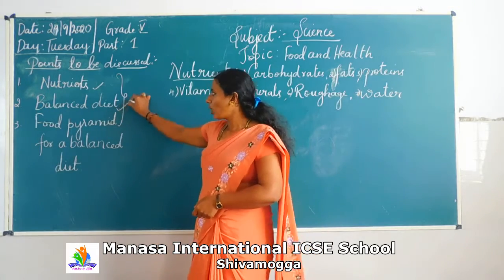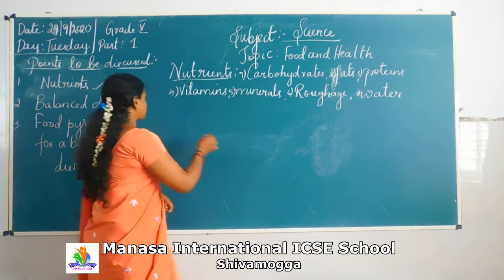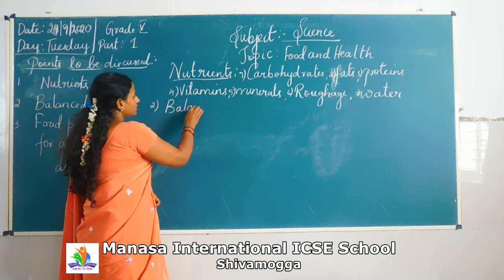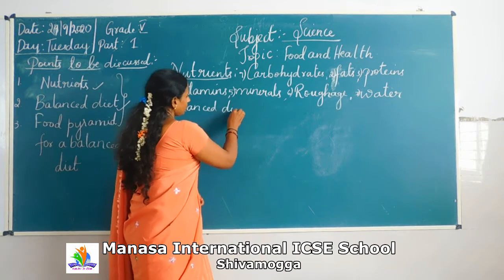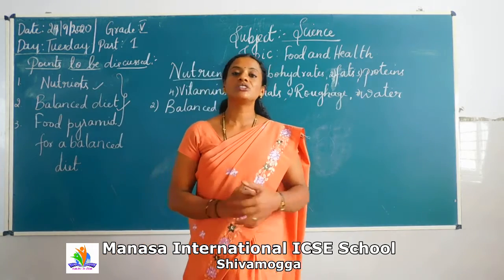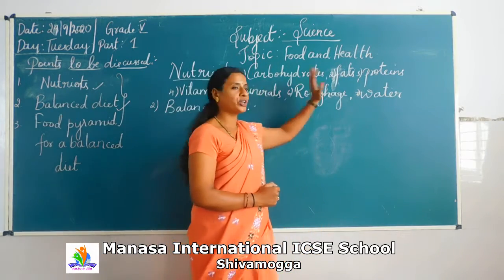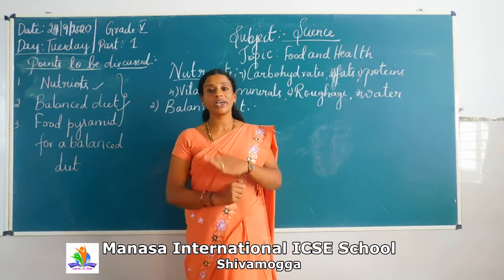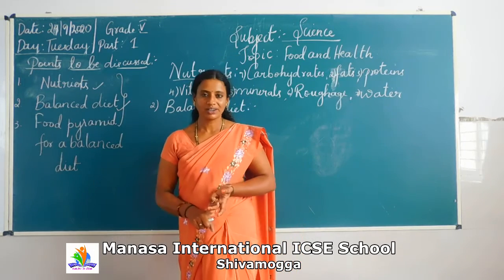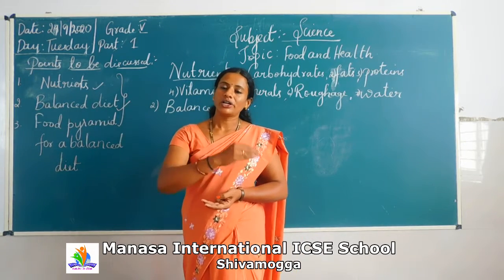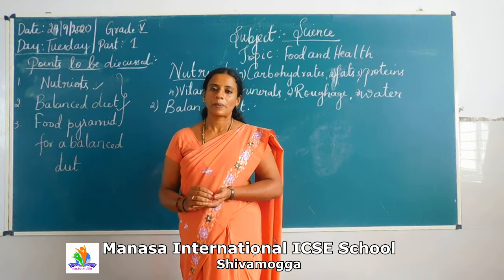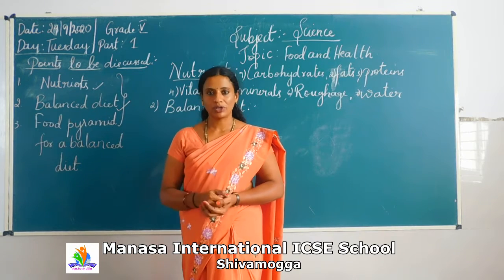Now let's see what a balanced diet is. A diet which consists of all the nutrients in the required amount according to age, gender, and also the session, whether it is morning, afternoon, evening or night, depending upon that.